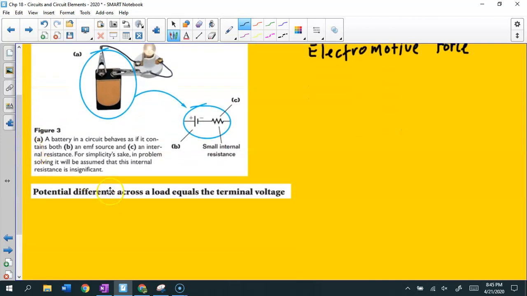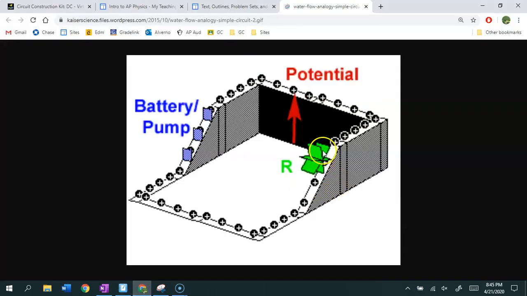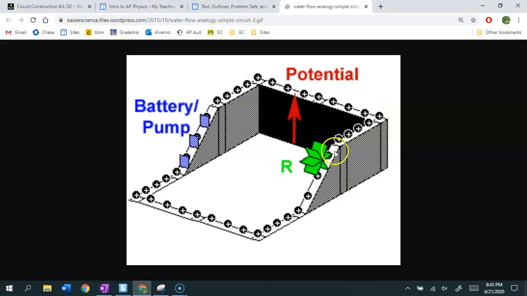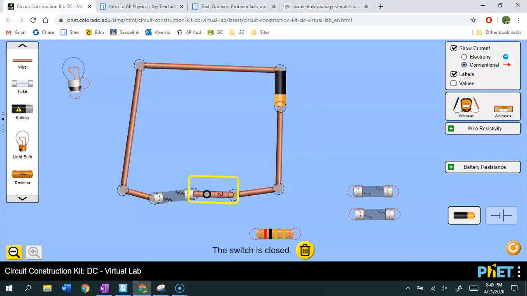All right. Now, potential difference across a load equals the terminal voltage. Now, what exactly is a load? A load would be something like this water wheel right here. That constitutes the load.